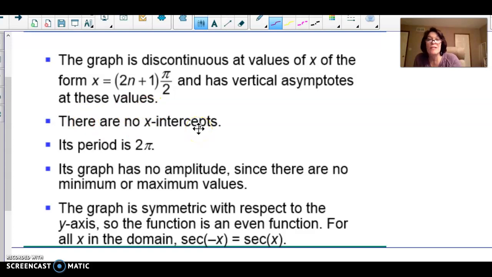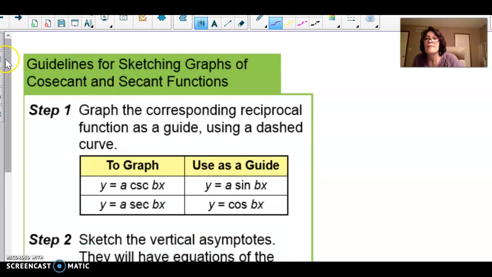There aren't any x-intercepts, right? It's from 1 to infinity and negative 1 to negative infinity. It's never crossing the x-axis. The period is 2 pi. There's no amplitude, and this one is an even function. Secant is even, just like cosine is.